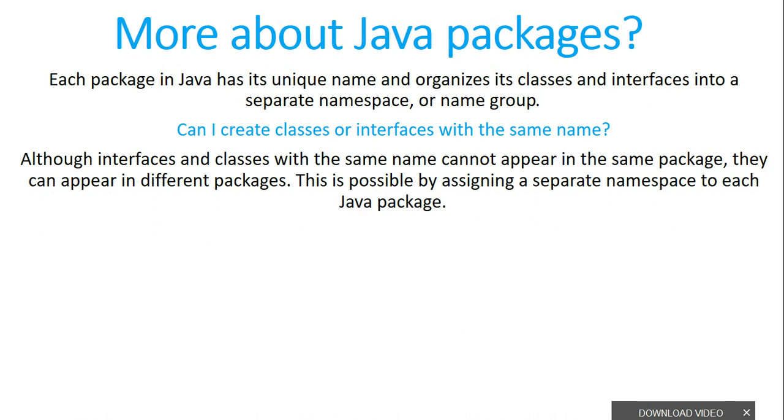So that's how one can come up with classes that have the same name, but what differentiates them is their location, which is their folder or their package. This is possible by assigning a separate namespace to each Java package.